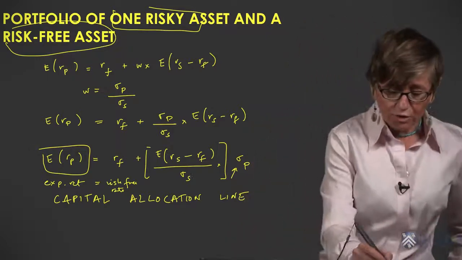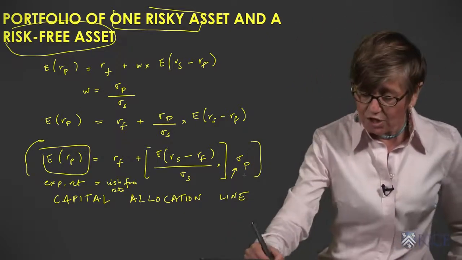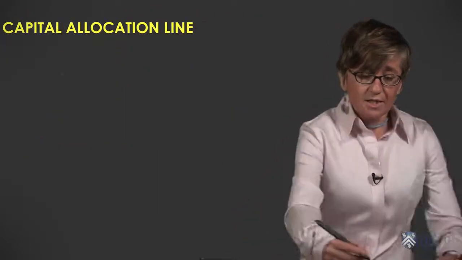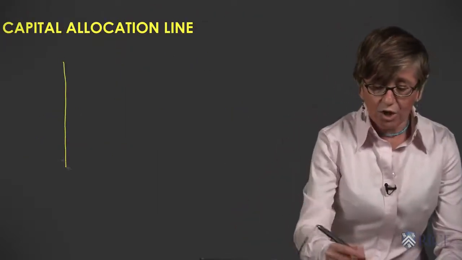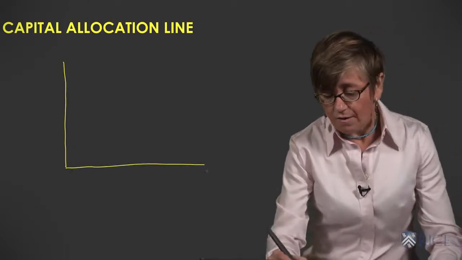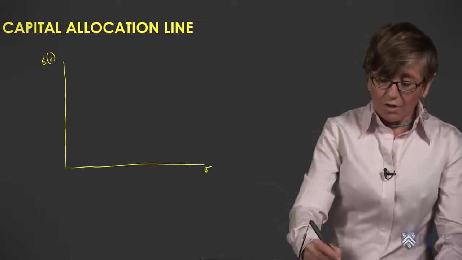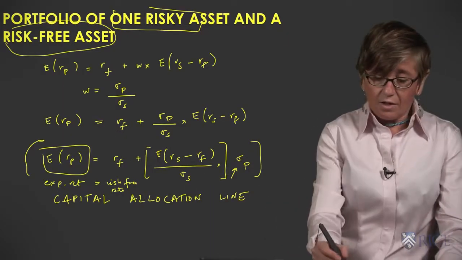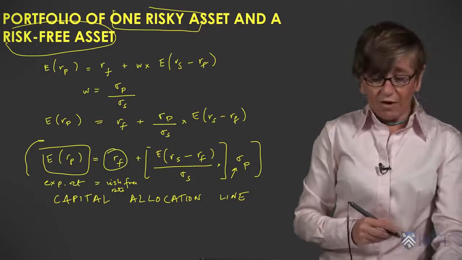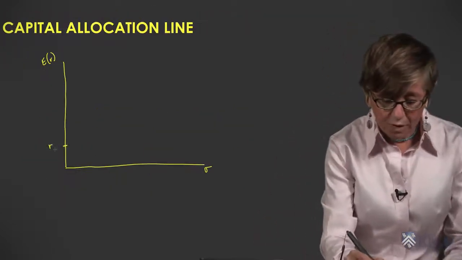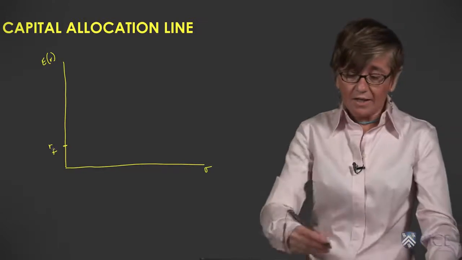So I'm going to draw this capital allocation line. So remember, it lives in the expected return volatility space. So the intercept is the risk-free rate. The y-intercept is the risk-free rate.